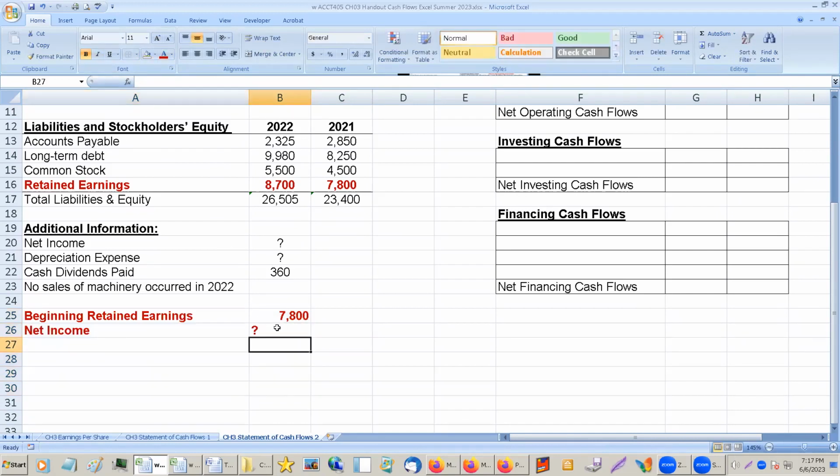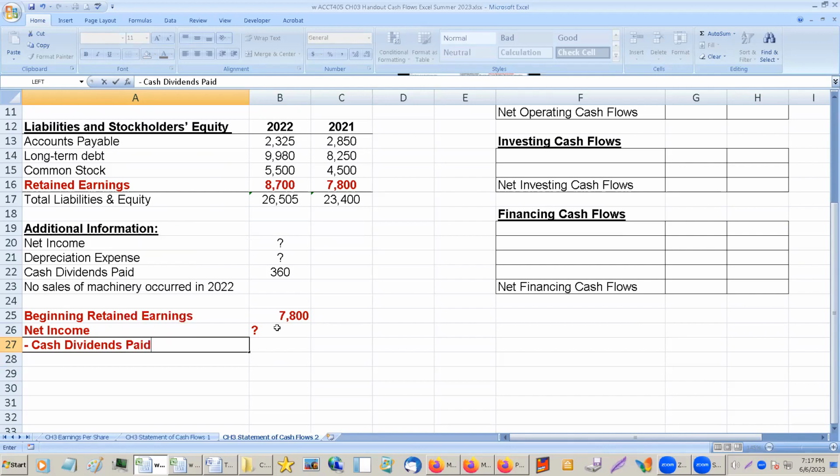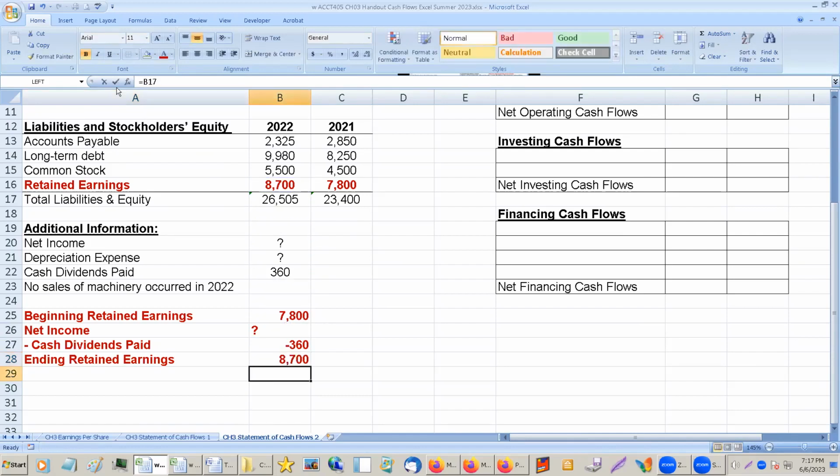I'll put a question mark there for now. Subtract out our dividends paid, and this will equal our ending retained earnings.